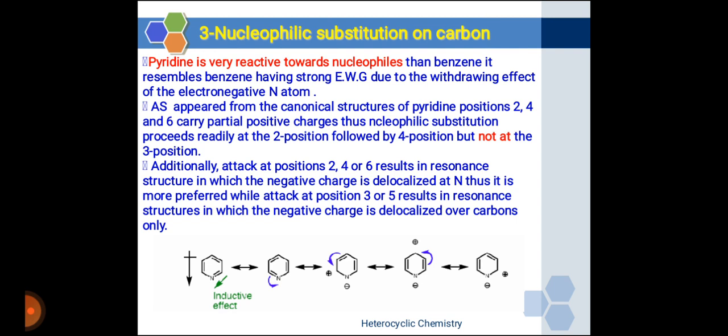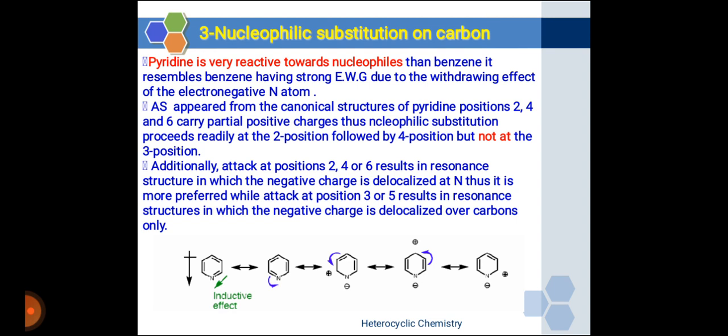As appears from the canonical structures of pyridine, positions 2, 4 and 6 carry a partial positive charge. Thus nucleophilic substitution proceeds readily at the second position, followed by the fourth position, but not at the third position. This is due to the resonating forms of the pyridine molecule.